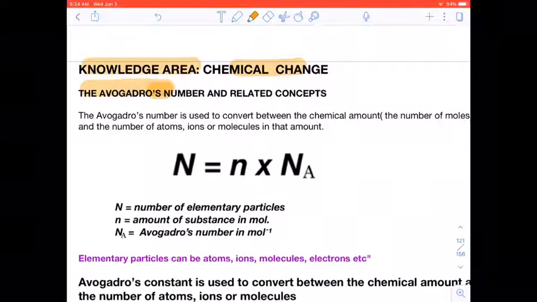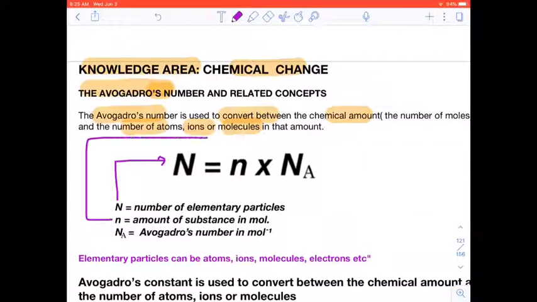Now the Avogadro's number is used to convert between the chemical amount and the number of atoms, ions, or molecules. It converts from the chemical amount to the number of elementary entities. So if you look at it here, capital N is the number of elementary particles.